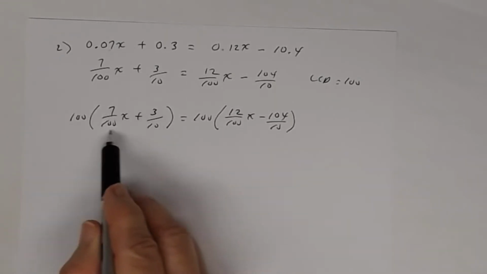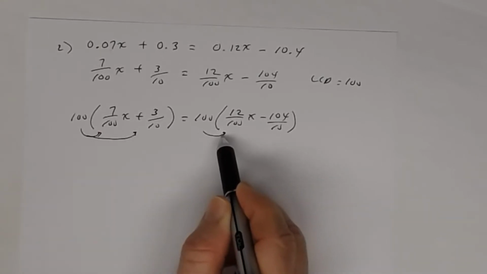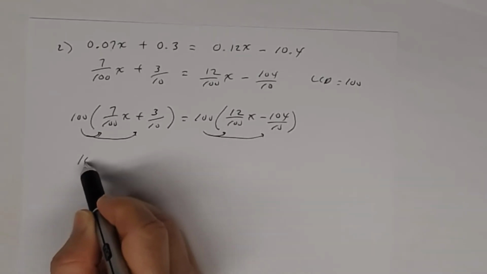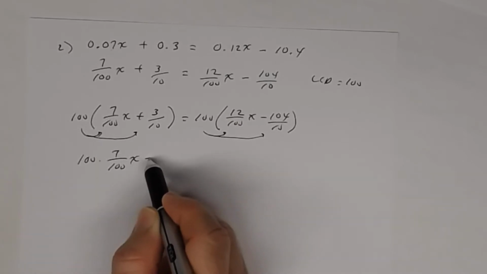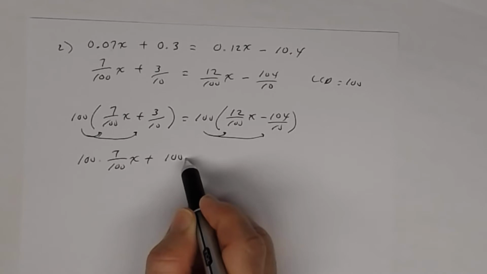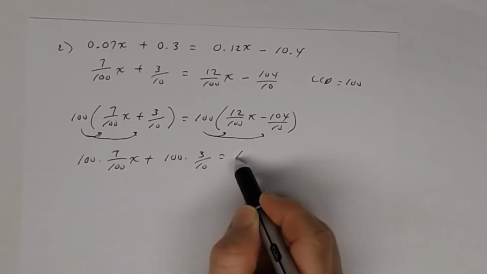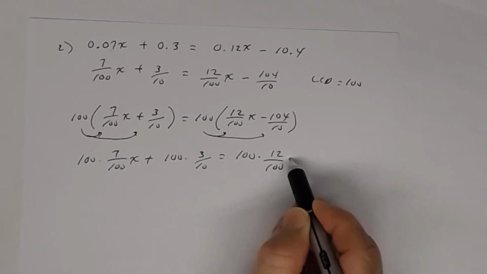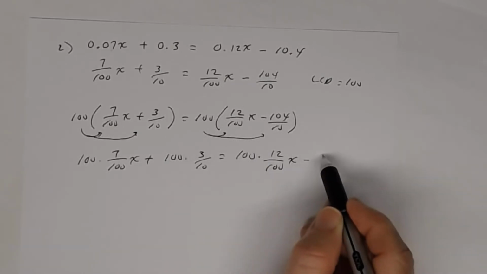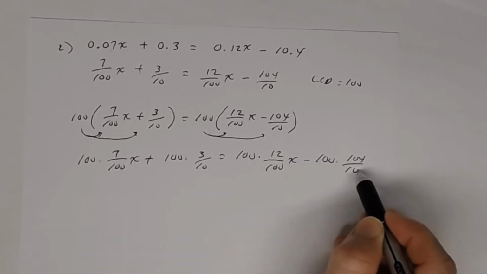So the fact that I introduced parentheses means I have to use the distributive property. So I get 100 times 7 hundredths x, plus 100 times 3/10, equals 100 times 12 hundredths x minus 100 times 104 tenths.